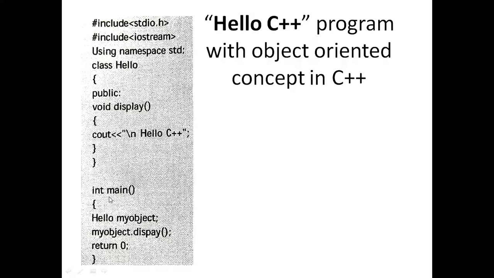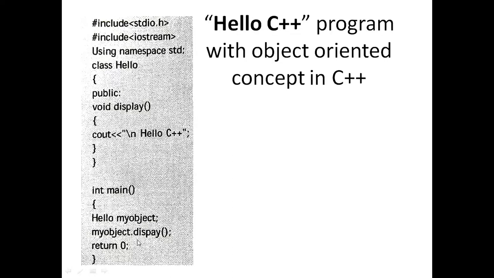Then we have written the main class, that is int main. In that we have created an object of hello class. Therefore, we have written hello my object, where my object is an object of hello. Then using that object, we have called the display function.